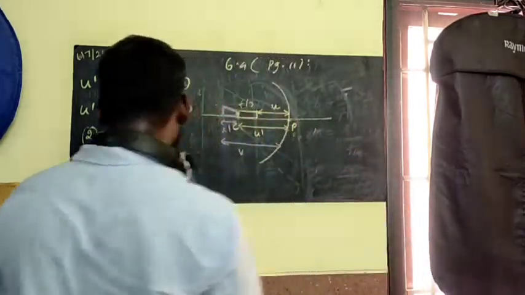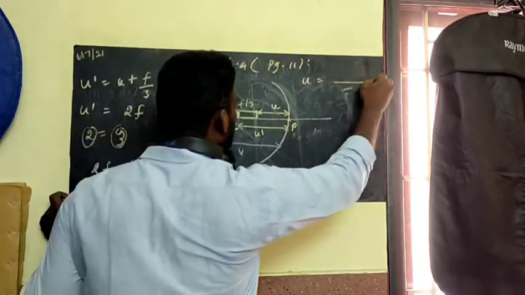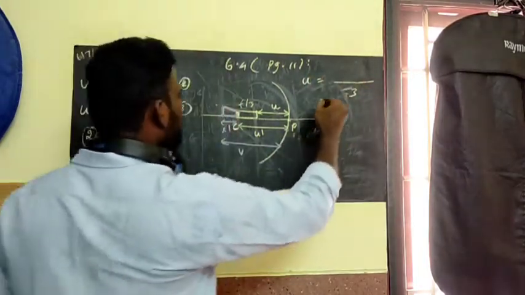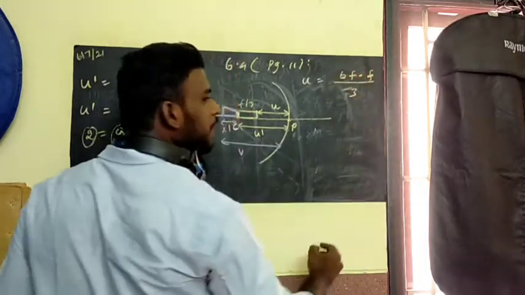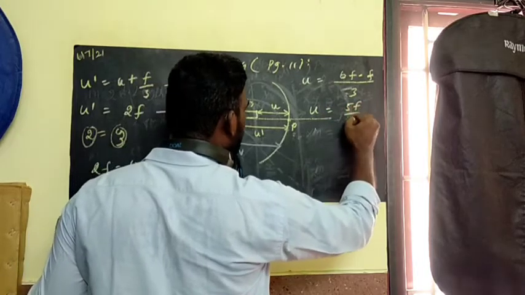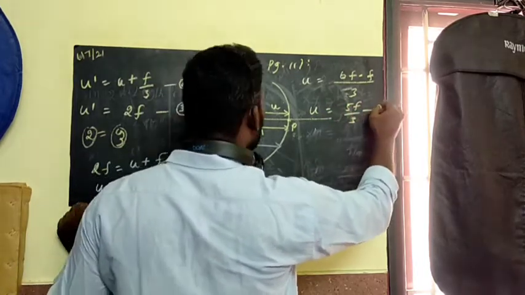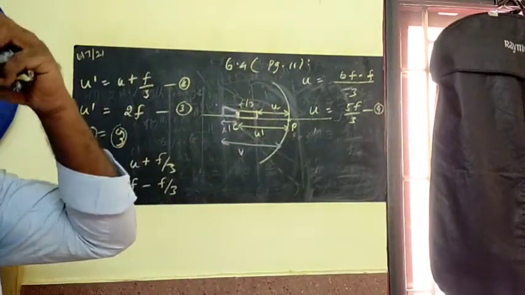Now taking LCM, I can take 3 as the LCM, and this will be u equal to 6f minus f by 3. So from this, u equal to 5f by 3. This is equation number 4. So we got the value of u.